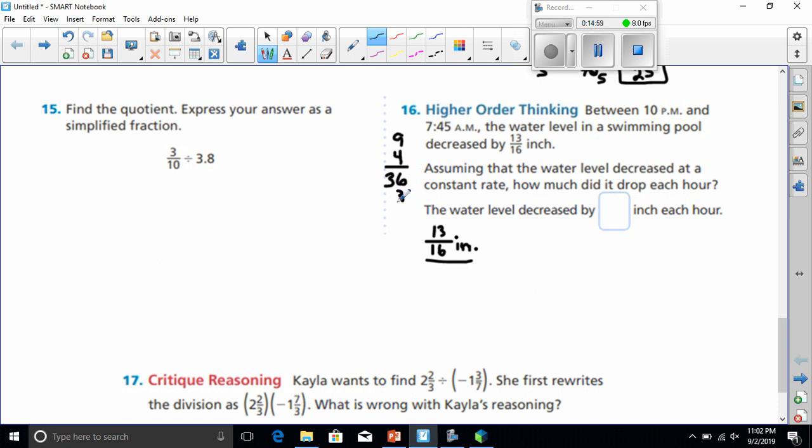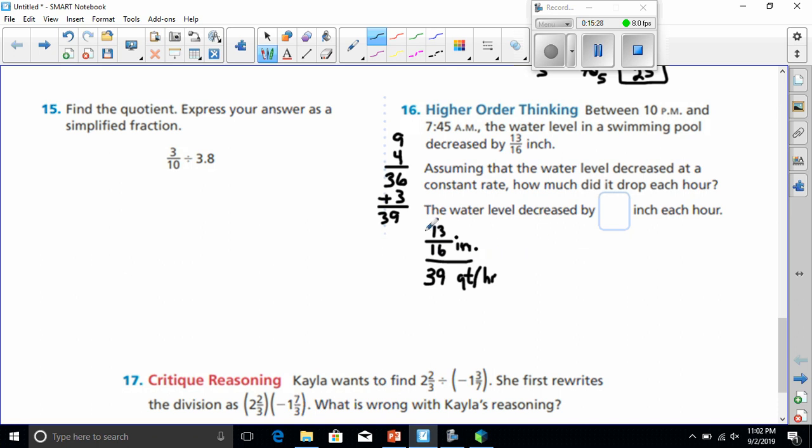So we're going to add 3 now, and that's going to give us a total of 39 quarter hours, okay? And now we have our two numbers that we can work with.